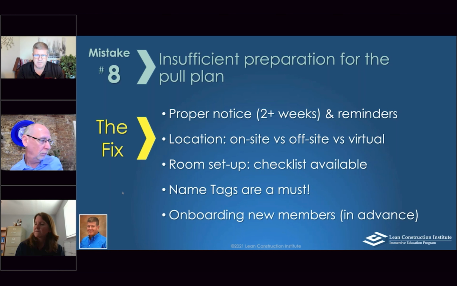A lot of people want to push it down to the foreman, which is good because you want somebody that can speak to the work, but a lot of times they don't have the ability to make commitments. So that's a key element there. I'll say it's typically a superintendent and a project manager type representing trades, but they have to be able to commit.